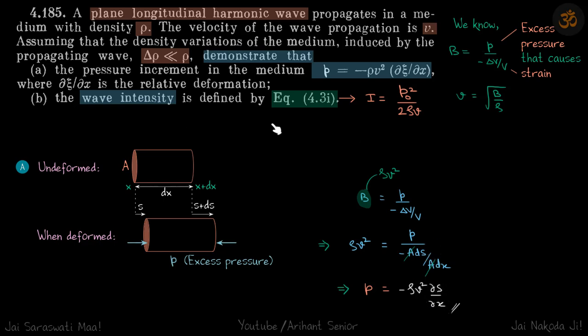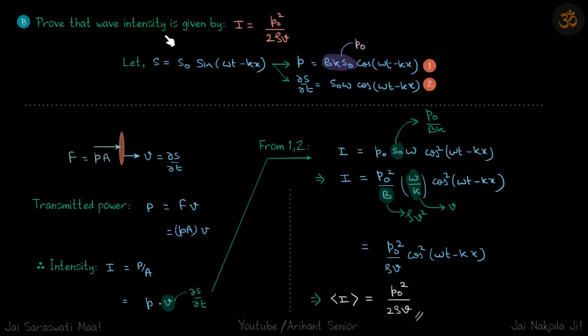So that's part 1. Let's see the part 2, where we need to prove that wave intensity is given by P naught square by 2 rho V. So intensity is power per unit area, and that crossing a surface can be written as Fv.